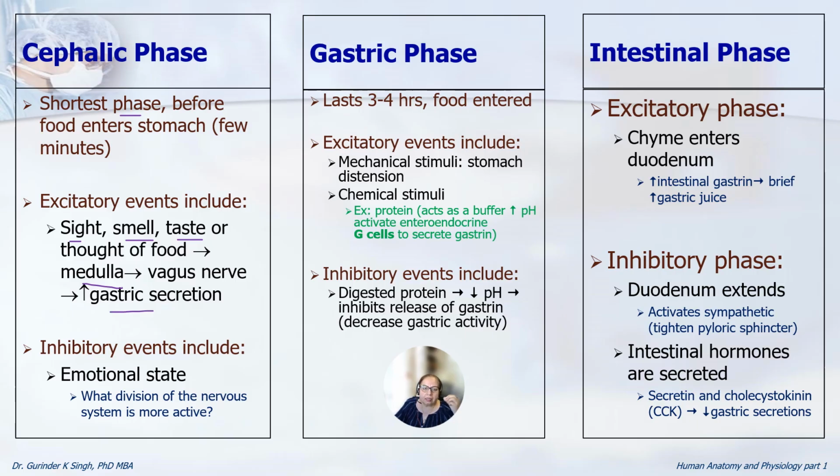Some inhibitors of the cephalic phase include the emotional state, which is your sympathetic nervous system. That can inhibit the stomach from starting to secrete gastric juices.